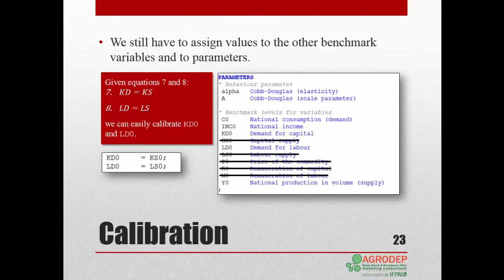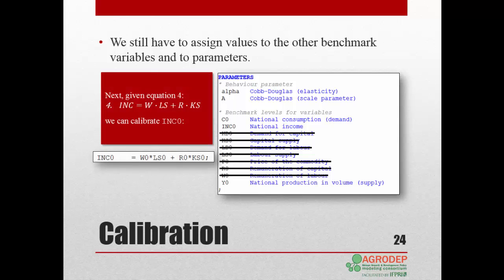Equations 7 and 8 state that demand equals supply in factor markets. KD equals KS, LD equals LS. So we can easily calibrate KD0 and LD0. Next, equation 4 computes total income as the sum of labor and capital incomes.